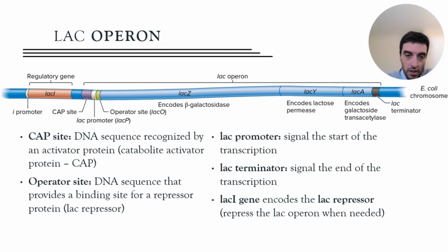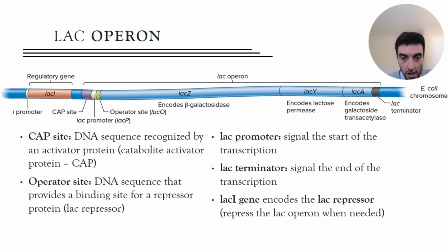Okay, this region is called the UTR region, untranslated region; even though it's transcribed in the mRNA, it's not going to be translated into protein. We're also going to have what's called an operator site in here, almost at the beginning, right before the production of the gene lacZ. And in the operator site, I'm going to have a DNA sequence that provides a binding site for a repressor protein that's called the lac repressor.